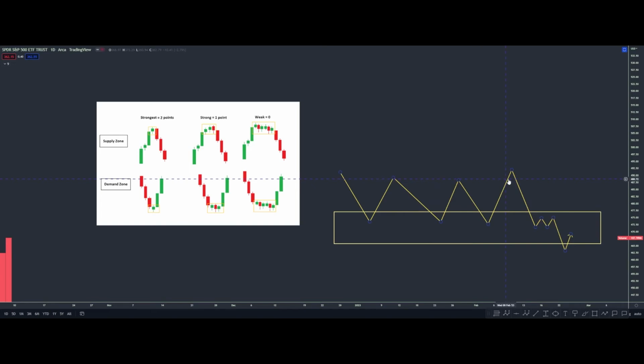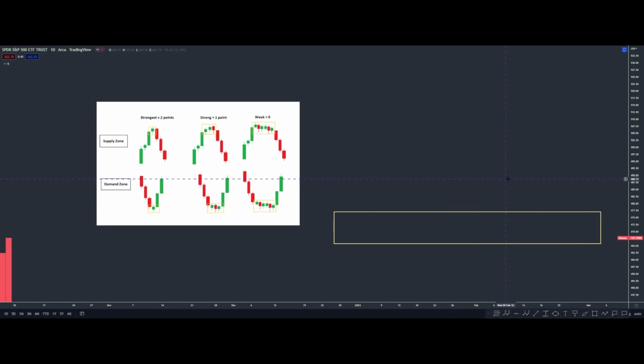It may sound not that important, but it's extremely important to identify how weak or strong a zone is. And now I briefly want to talk about my strategy for playing these zones.